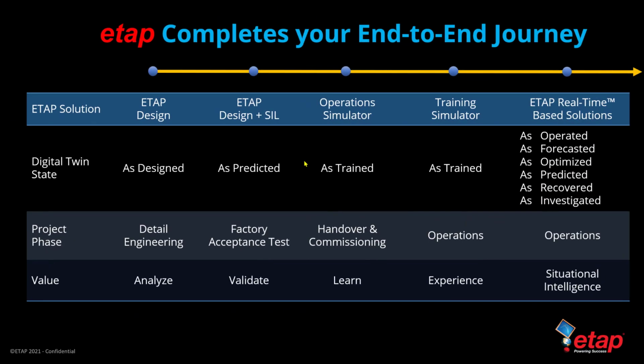Now, if you recall, I mentioned in the beginning of the webinar that OPF is a requirement from design to operations. Now, ETAP completes your end-to-end journey all the way from design to operations by taking this digital twin that we've been looking at through our single line diagram and all the richness behind each asset, such as the fuel cost, the rating of the generator, the capability curve, and so on and so forth.